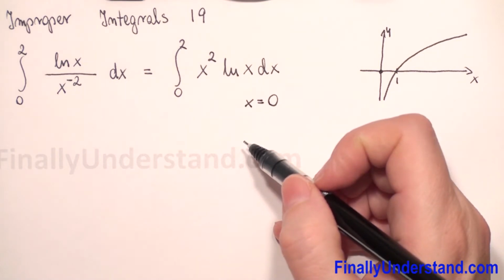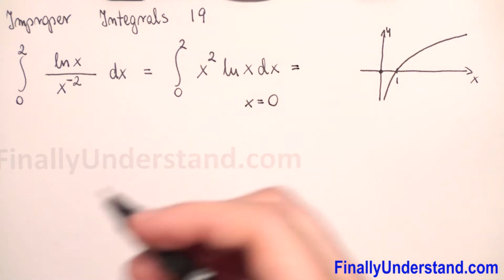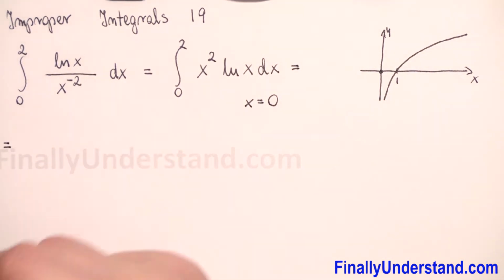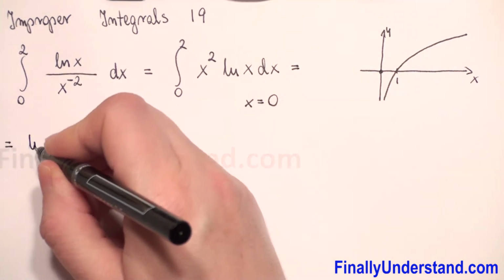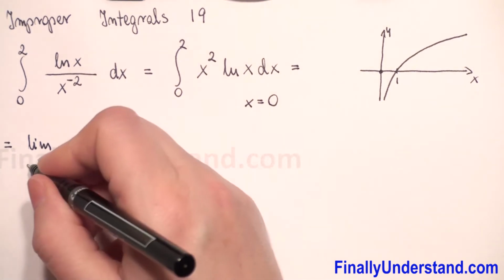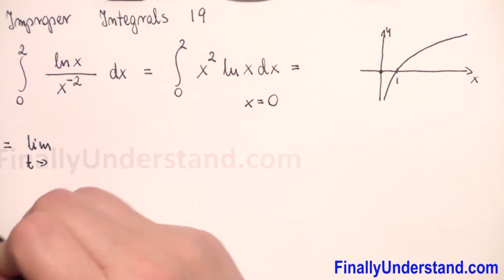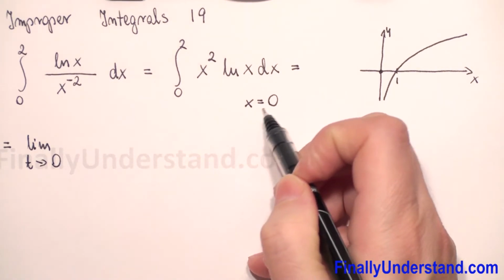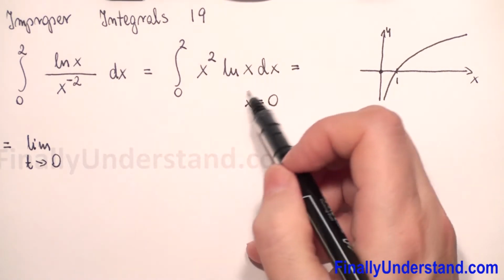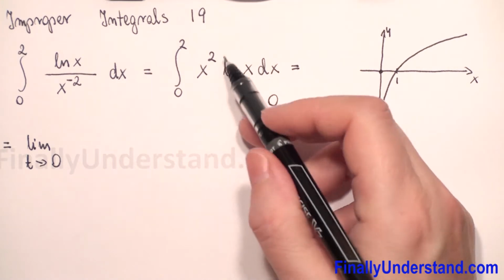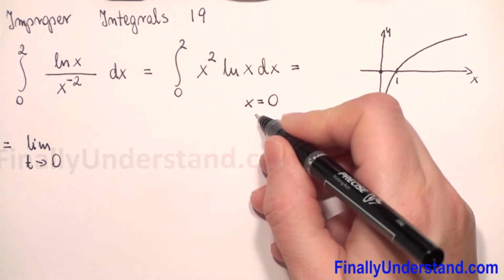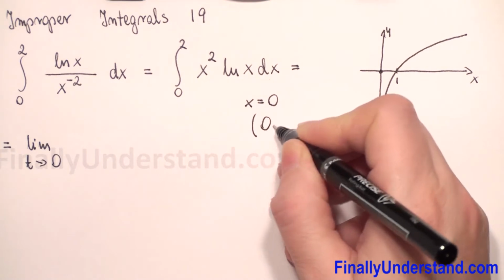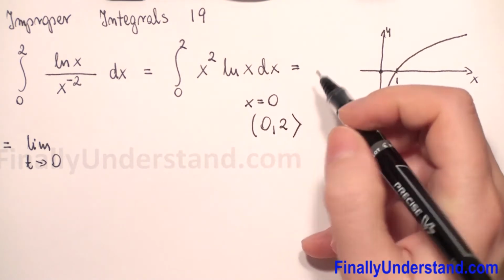So we have to rewrite our improper integral as a limit. We can put t goes to 0, because for 0 our integrand is discontinuous. Our integrand is continuous in interval from t to 2, we can write.